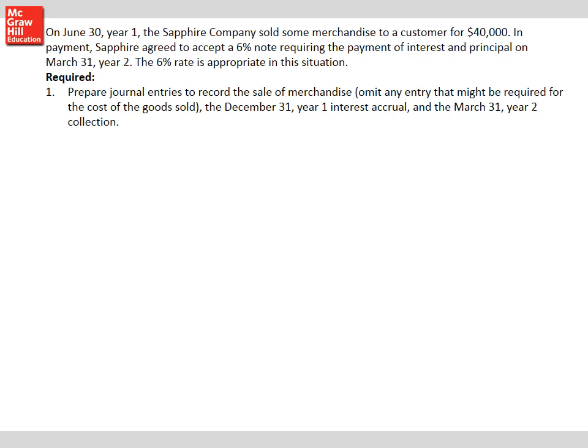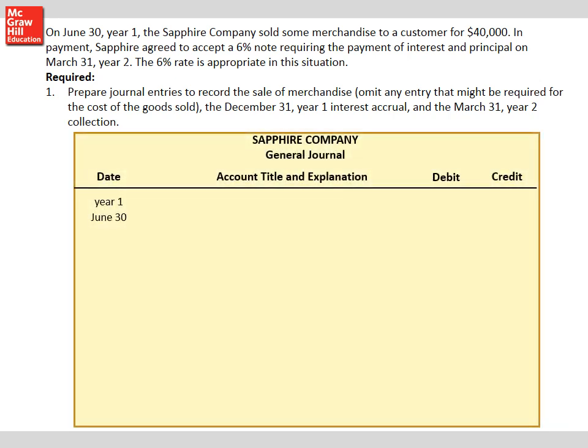So, Sapphire's who we're focused on here. On year one, June 30th, Sapphire will debit notes receivable for $40,000, credit sales revenue $40,000. And the reason they do that is because they're charging principal and interest on the payment, and the 6% is a realistic interest rate.